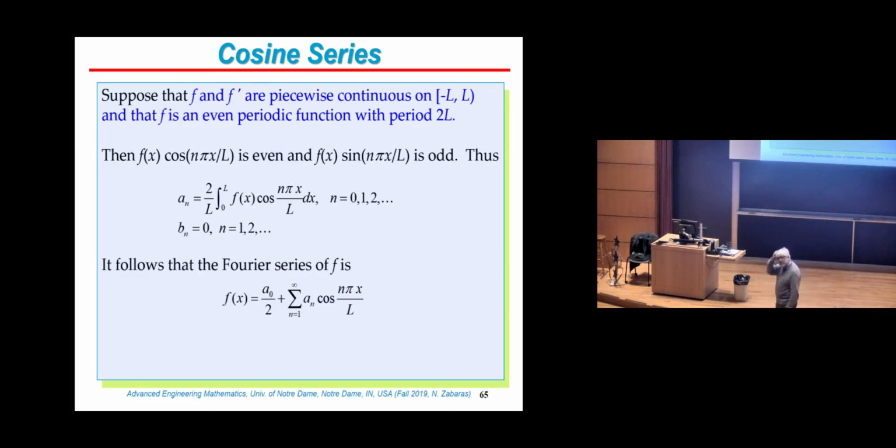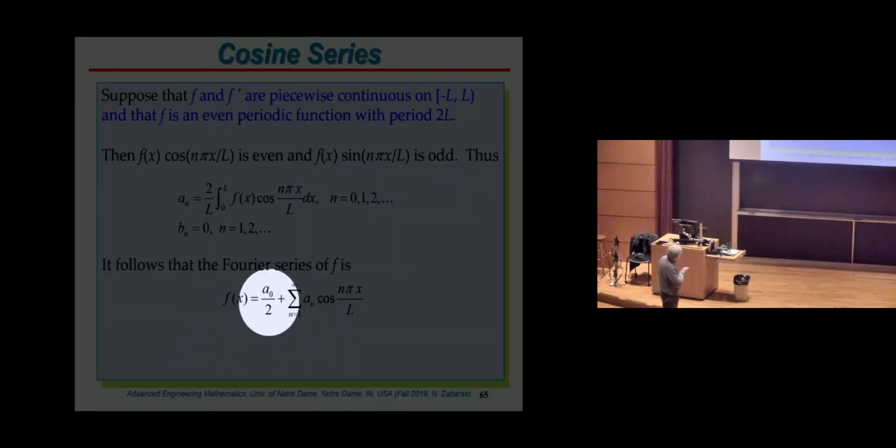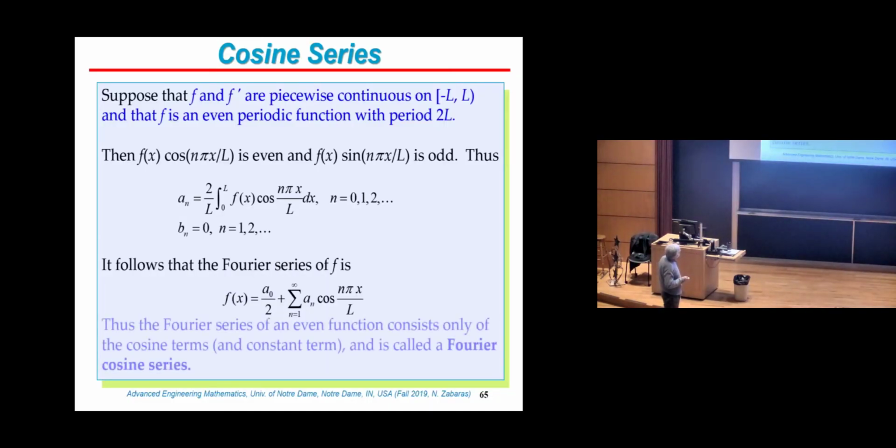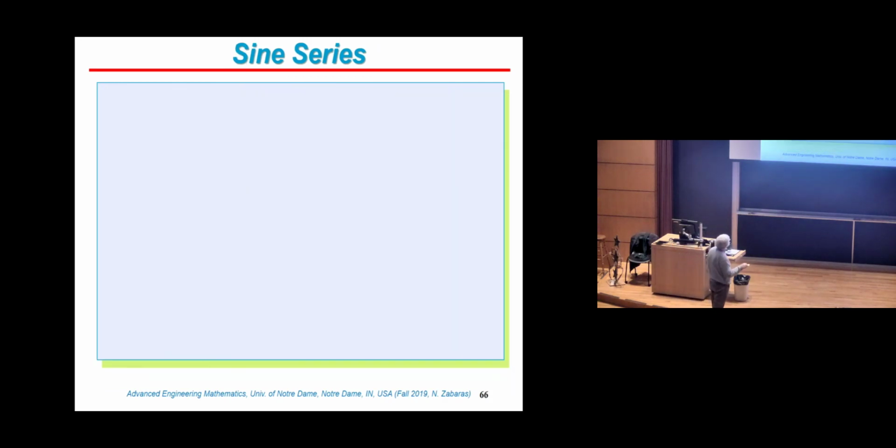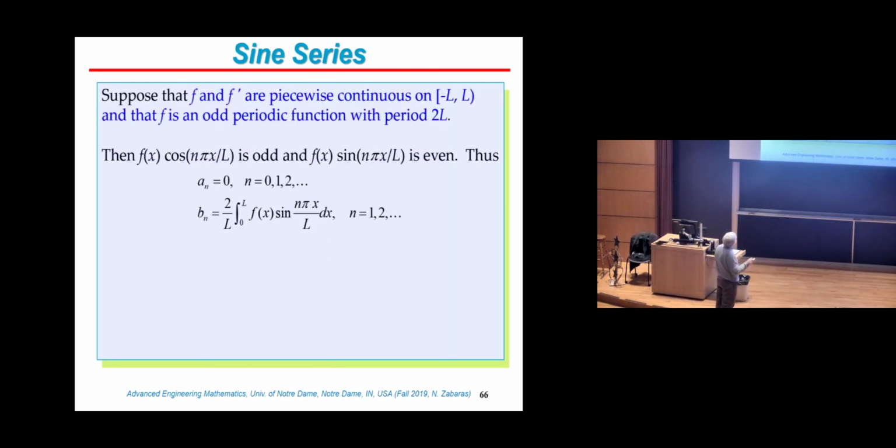Very convenient. So when you see an even function, you don't have to calculate the sine terms. You can just directly write this expansion with only the coefficients an computed the way that you see here. So this is known as the Fourier cosine series. And obviously, if you have an odd function, the opposite is going to happen.